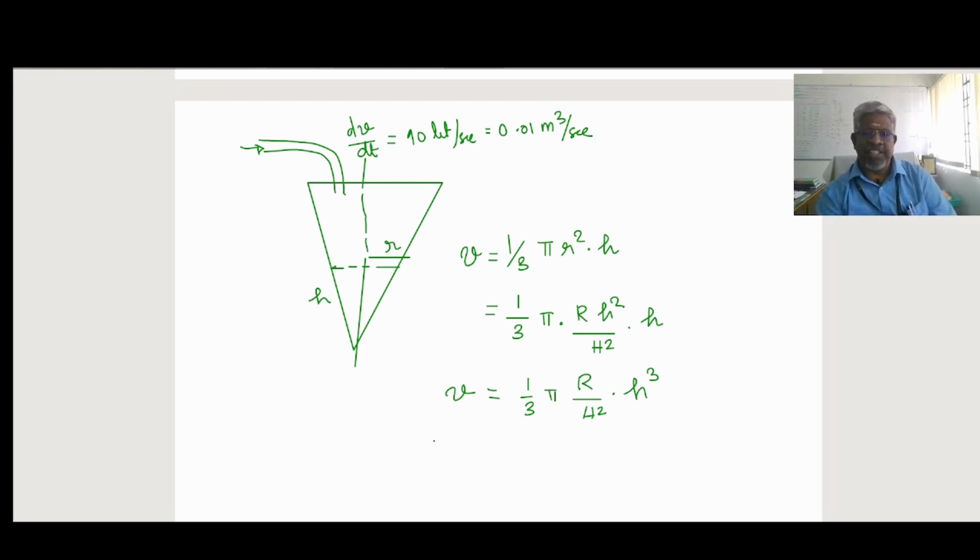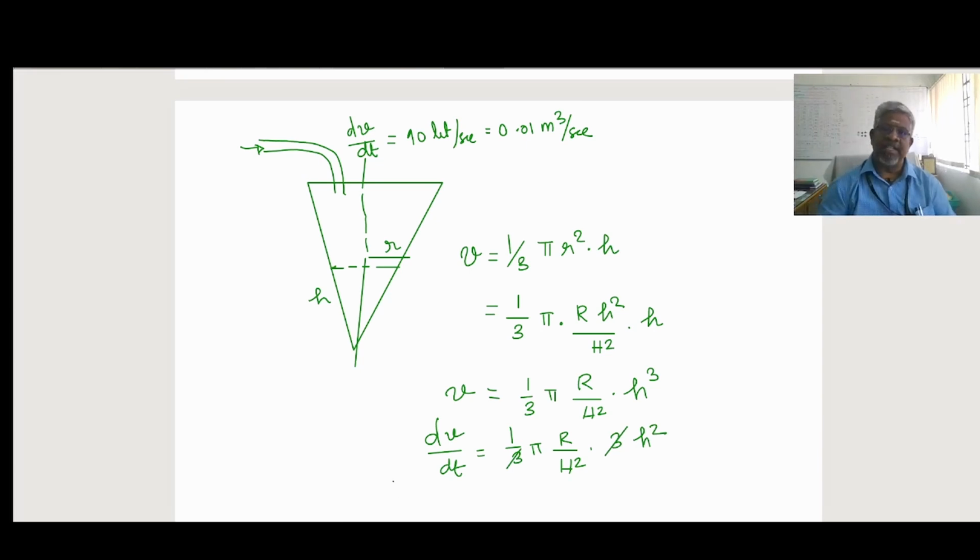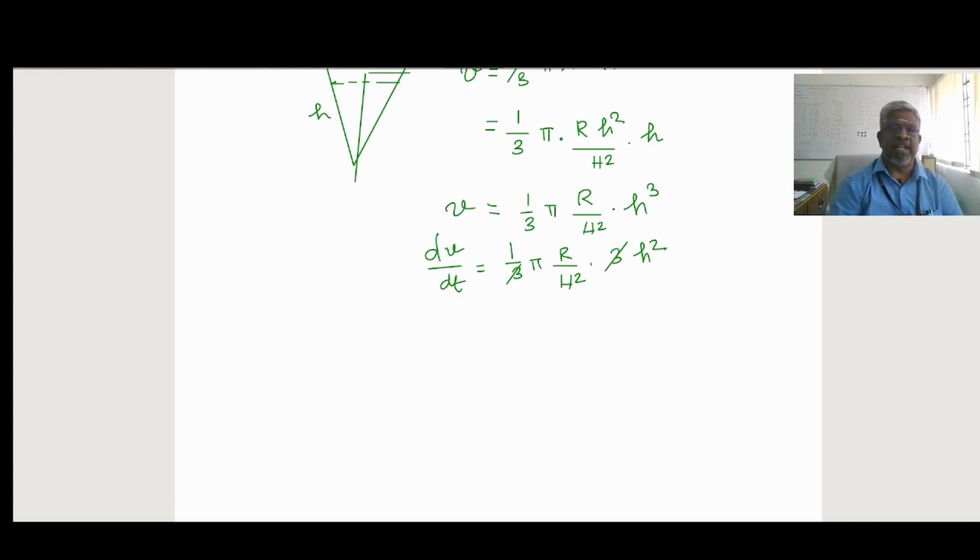Now differentiate this. dV by dt is equal to 1 by 3 pi r by H square. These are all constant, multiplied by 3h square. So this 3 and 3 get cancelled and you will get a new formula for connecting the volume flow rate and the rate of increase of the height.